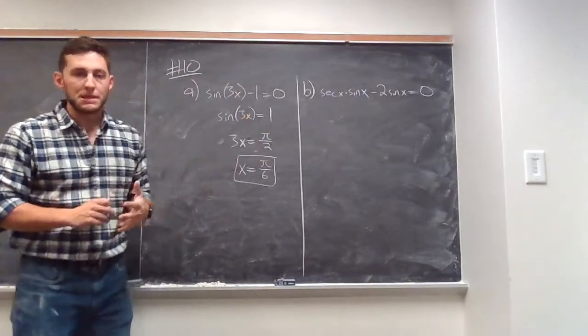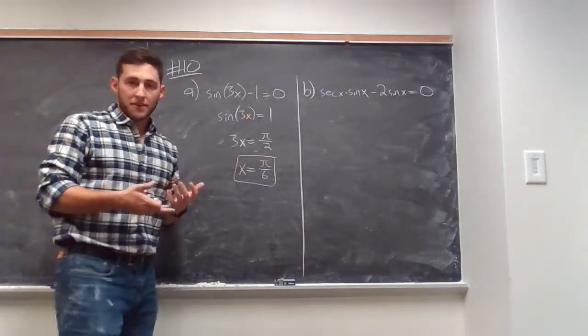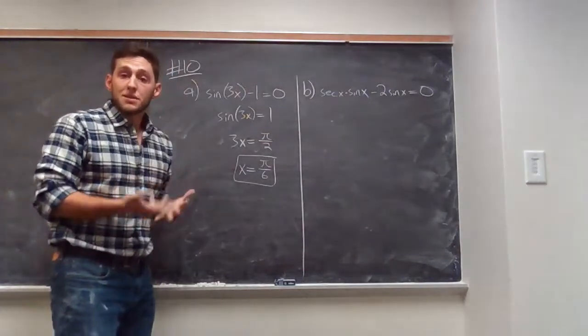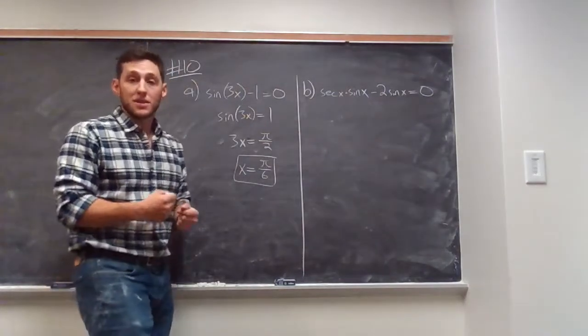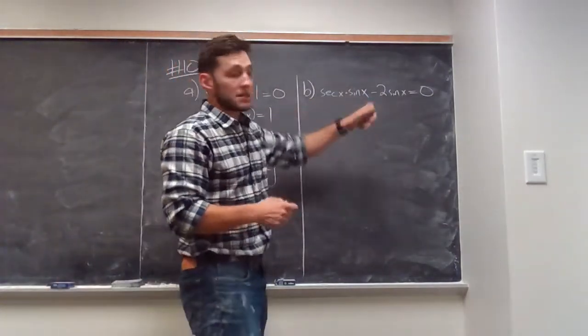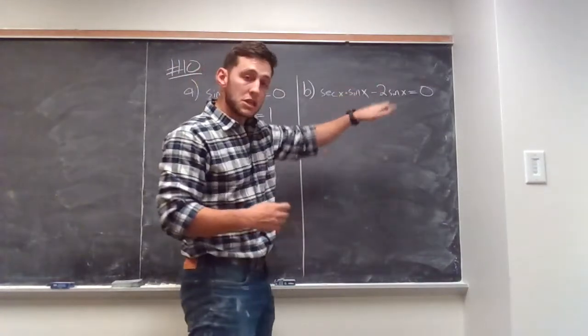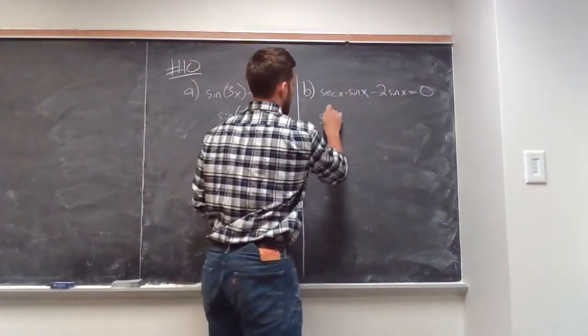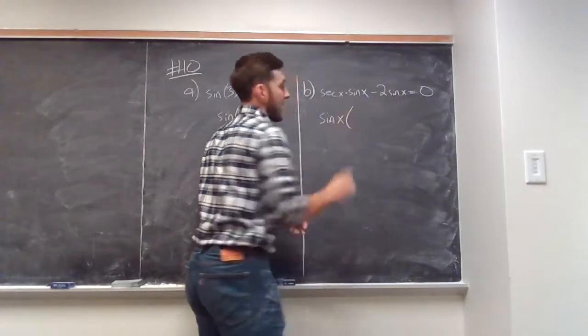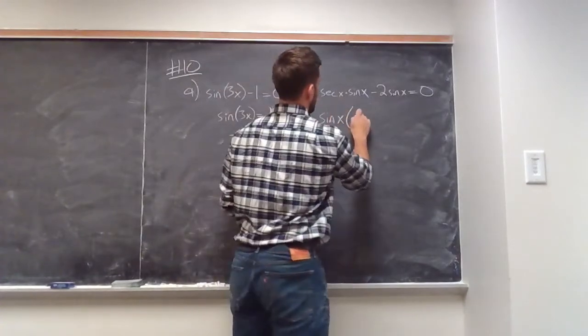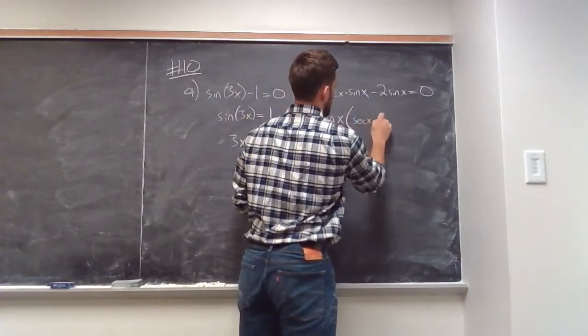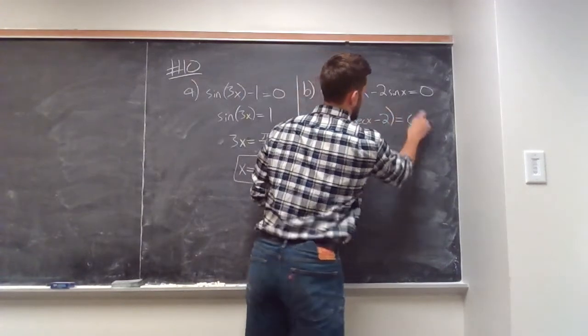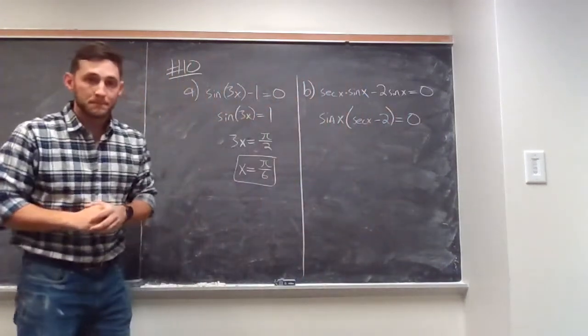Moving up a notch, part B. Now I have a lot more stuff involved. But notice we can use the same algebraic tools we've been using the whole semester. In particular, I have a sine x in each term. Factor that out. Sine x times what is left over? Well, that's secant x minus 2. That all equals 0.